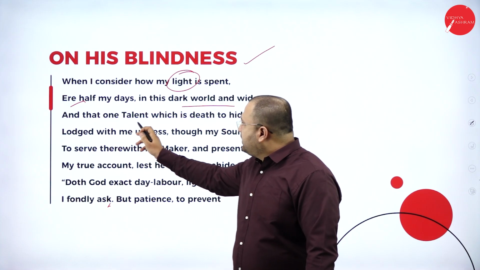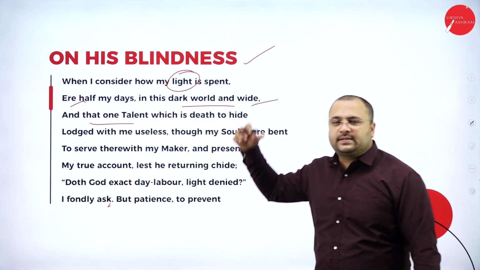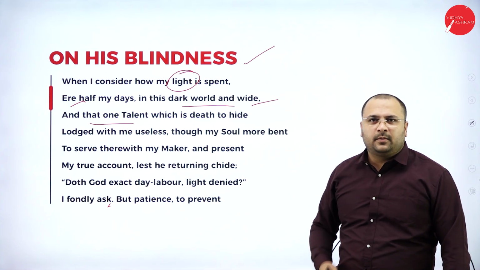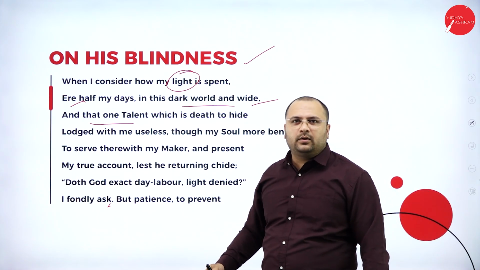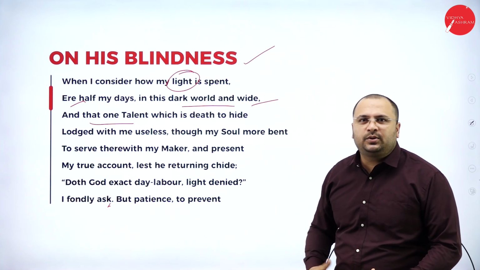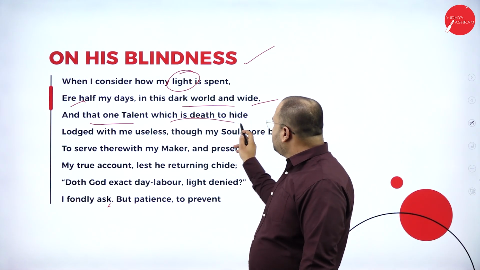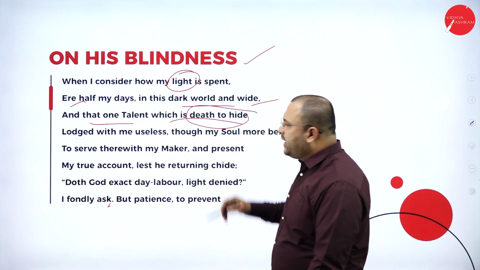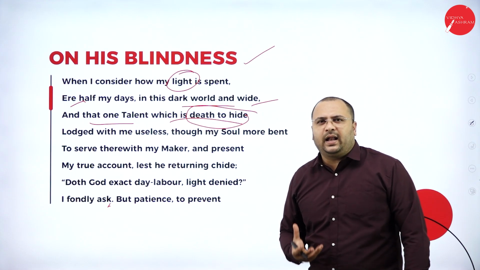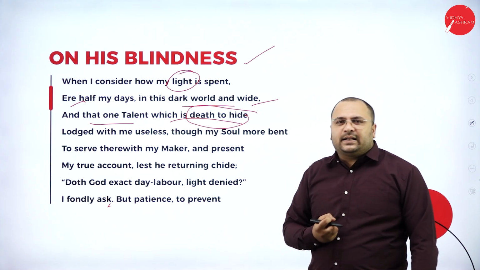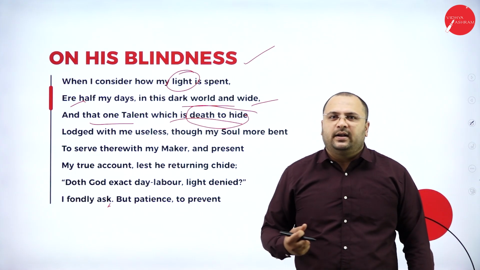And that one talent, what was that one talent? The poet's ability to write poems and prose praising God, or using that talent to talk about good things. And that one talent which is death to hide. Death to hide. That means he is talking about that talent. If you hid it inside you, then it is like death.